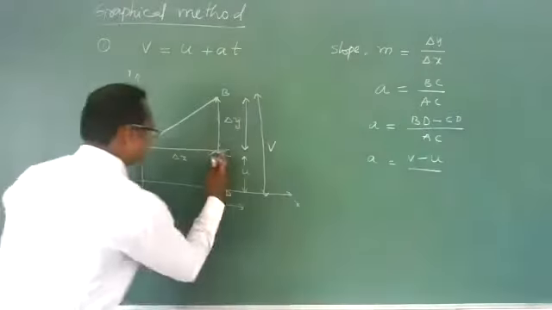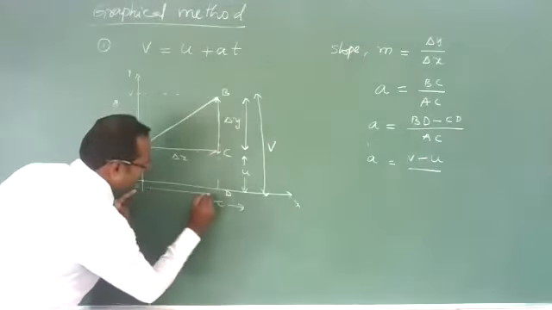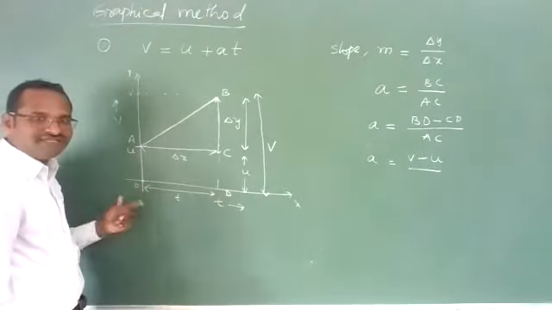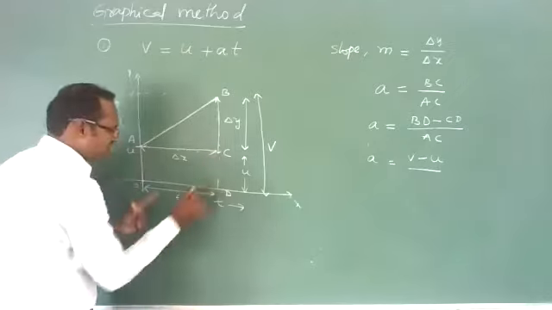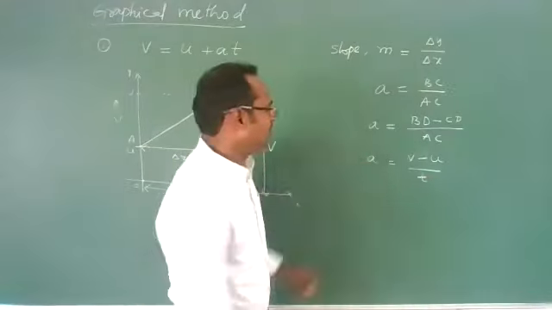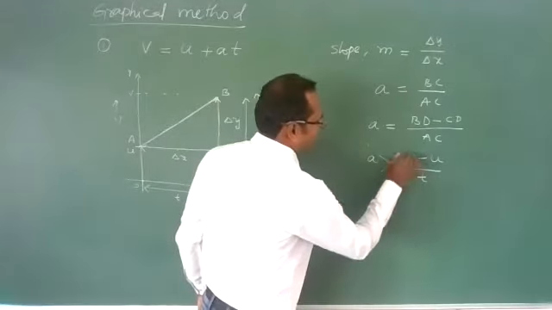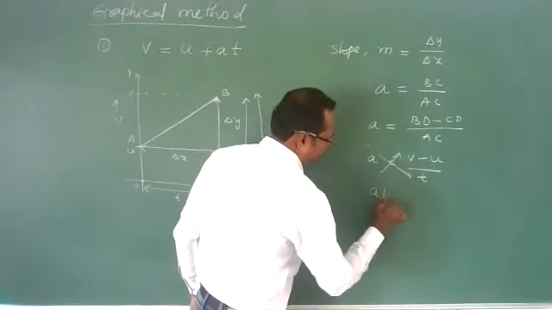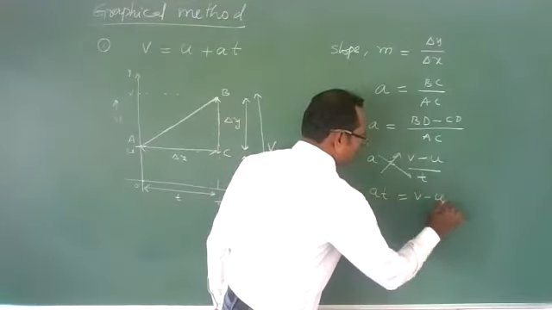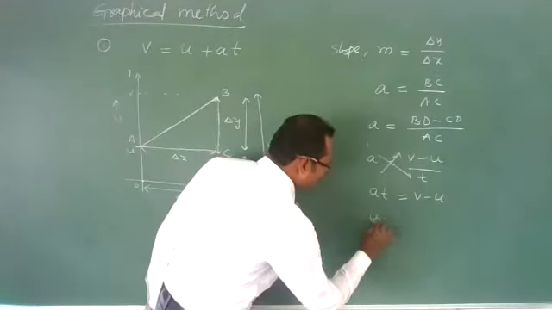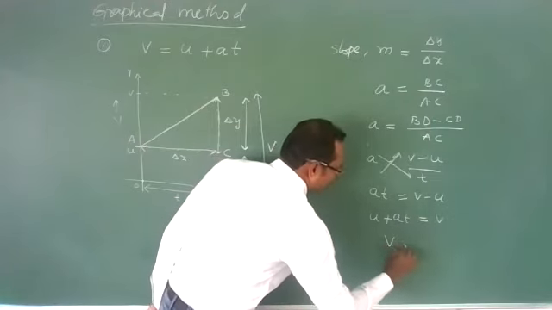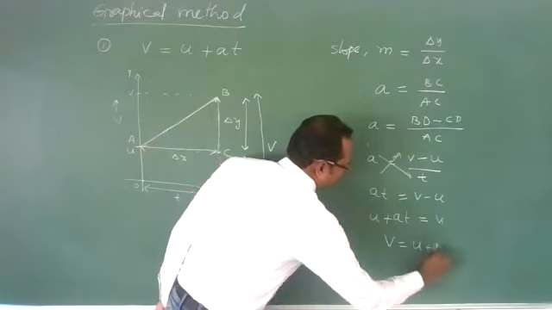AC is the time t. So a = (v minus u) upon t. Cross multiply and you get a into t equal to v minus u. Sending u to the other side, you get u plus at is equal to v. So it can be written as v = u + at.